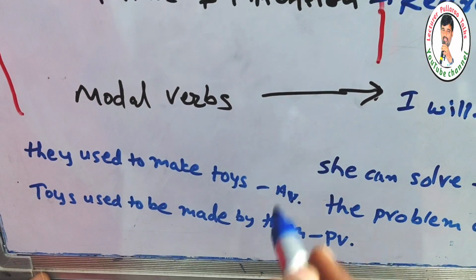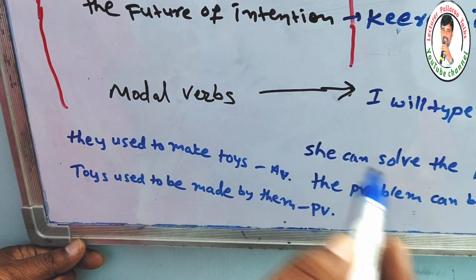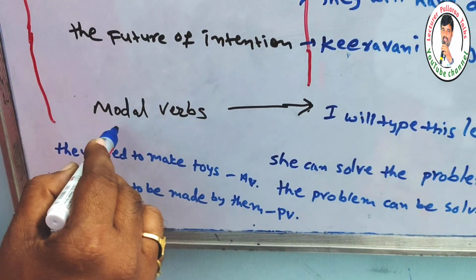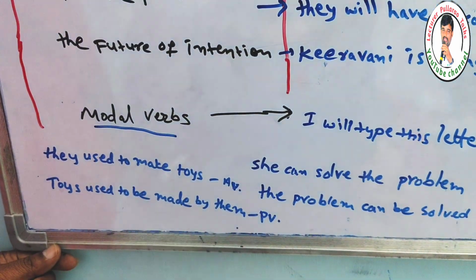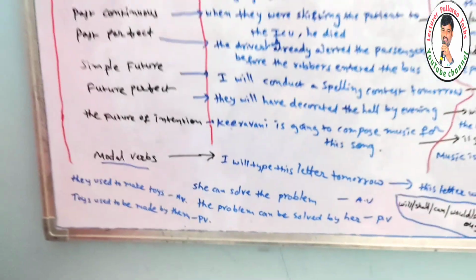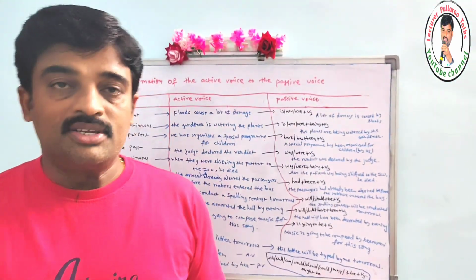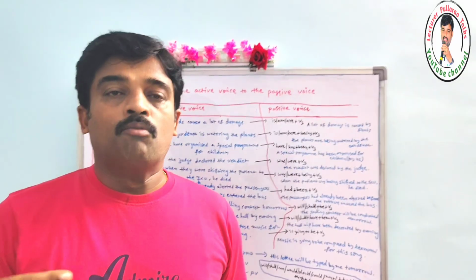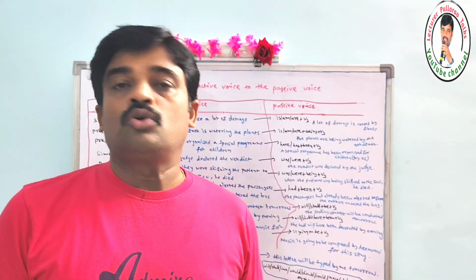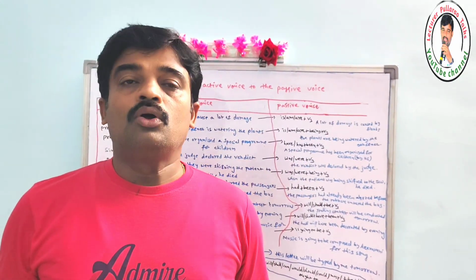So these are examples of changes from active voice to passive voice related to modal verbs. So this is all about today's class: changes in tenses and modal verbs from active voice to passive voice. Thank you for watching.